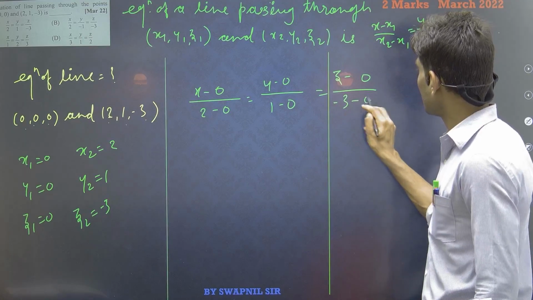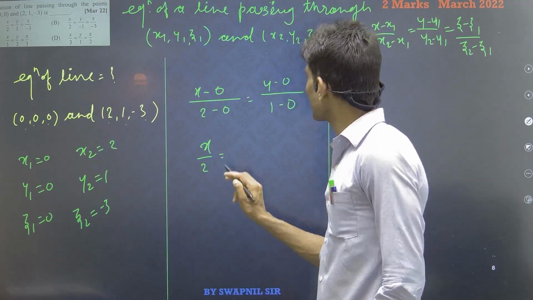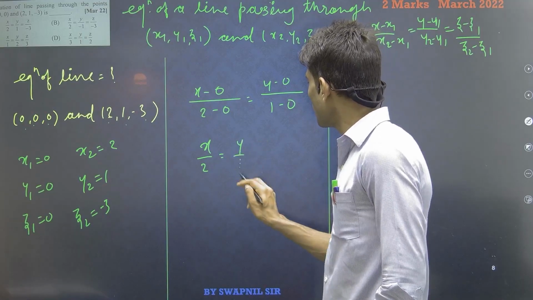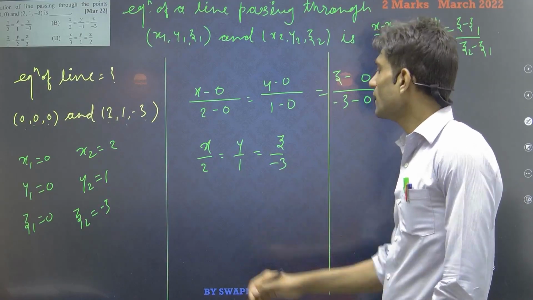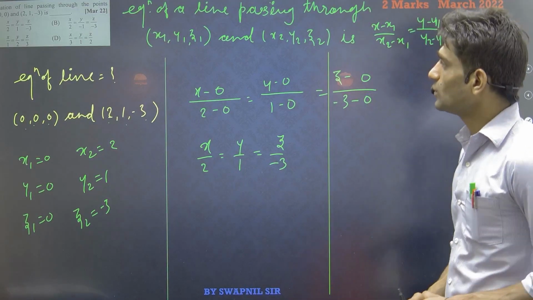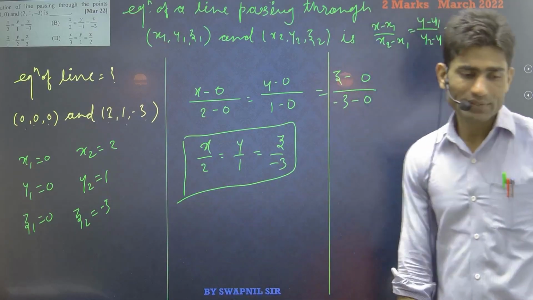Going for the next calculation, we get x divided by 2 equal to y divided by 1 equal to z divided by minus 3, which is our required answer. Now verify which option is correct with this answer.